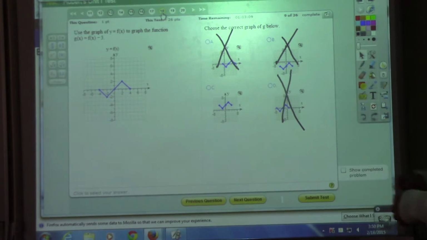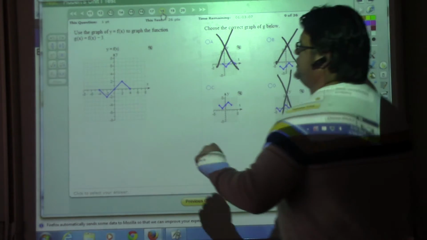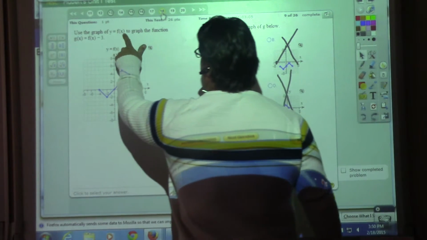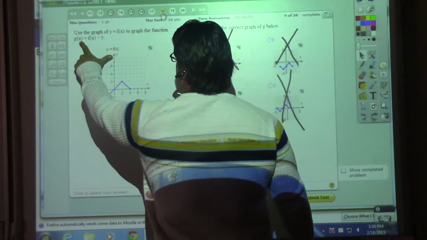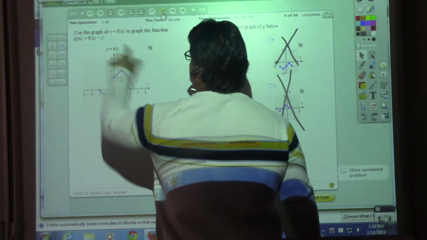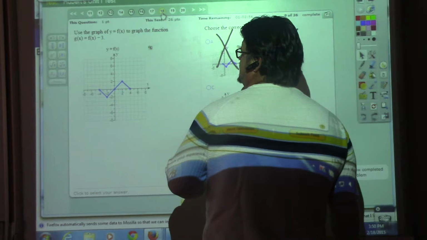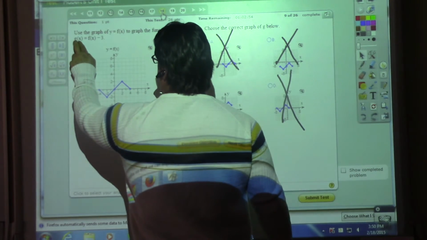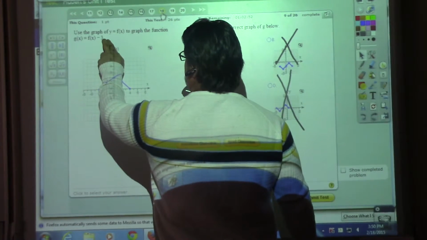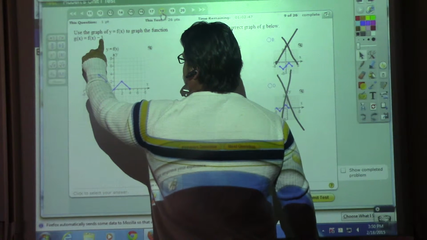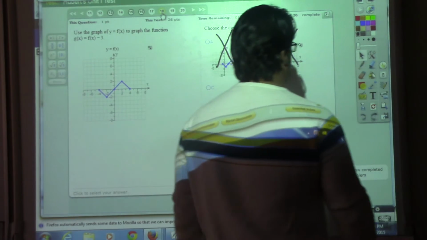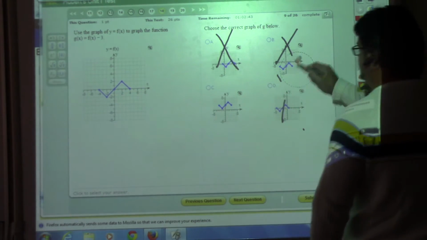Okay, you got to read this one. It says use the graph of y equals f of x to graph the function g of x, and g of x is equal to f of x minus 3. So if g of x is f of x minus 3, is this a horizontal or vertical shift? Vertical.